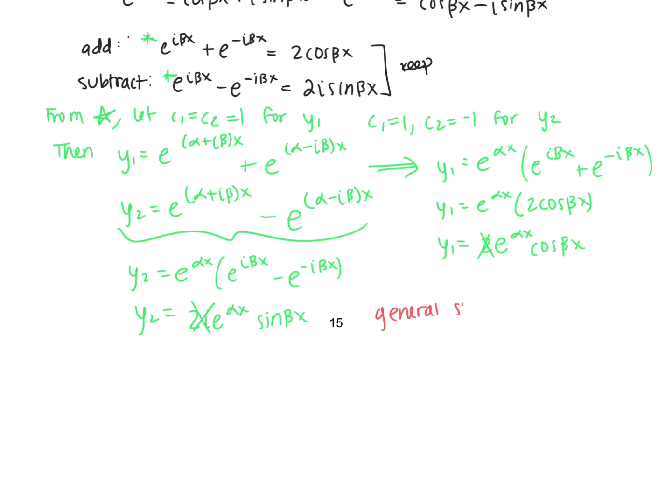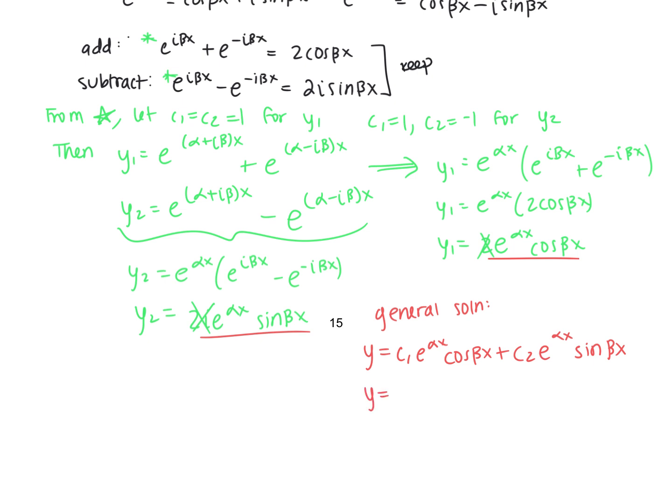So now we can write our general solution. We have our two linearly independent solutions. So our general solution then becomes y equals, using these two, c1 e to the alpha x cosine of beta x, add c2 e to the alpha x sine of beta x.